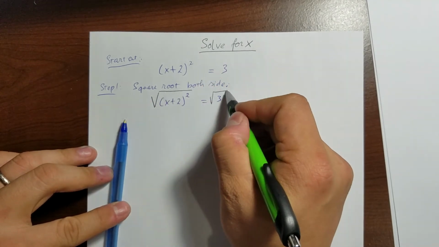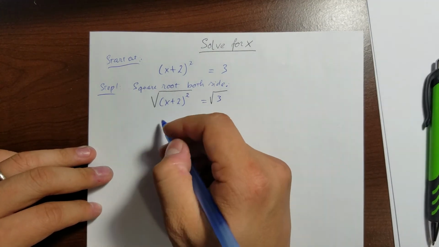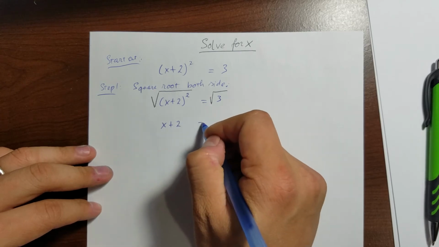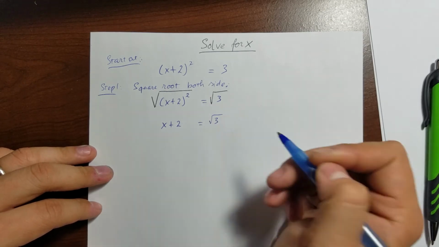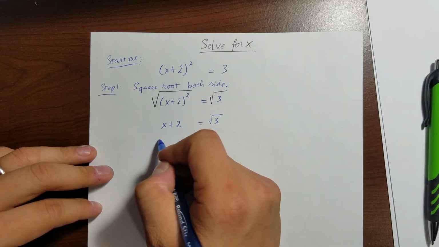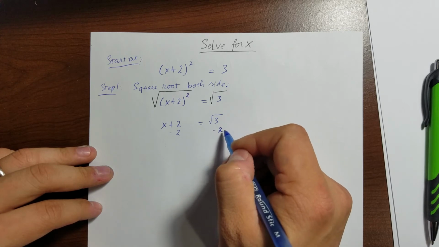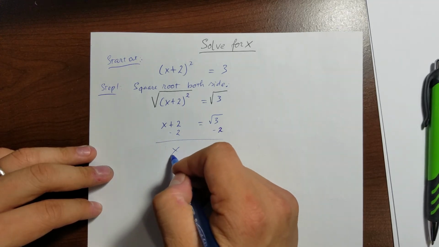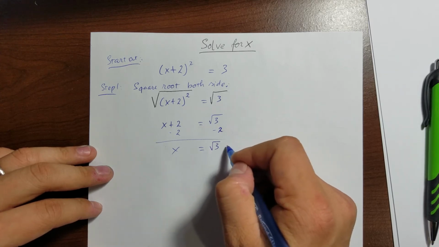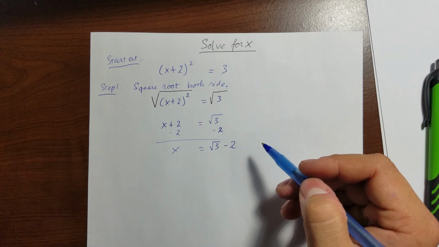The square root of a square will be gone. Therefore, you only have x plus 2 equal to square root of 3. Then to solve for x, you can subtract 2. That will give you x equal to square root of 3 minus 2. This is the complete answer for that.